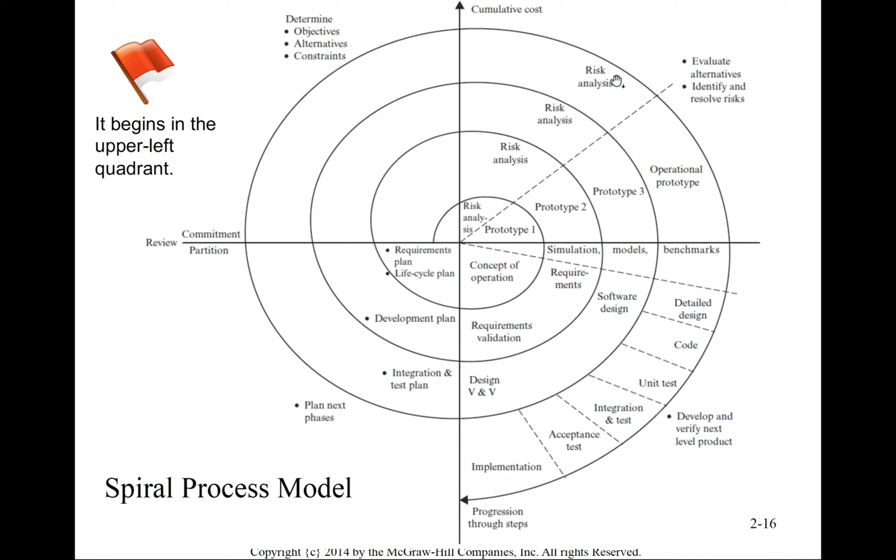You continue until you have a more or less operational prototype, and from there you go through the phases of the waterfall model of detailed design, coding, unit testing, integration, acceptance testing, and deployment. Okay, so the idea of the spiral process model is to use several times prototypes to increase our understanding until we have good enough understanding.